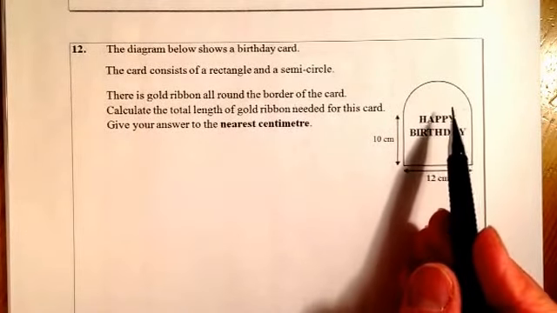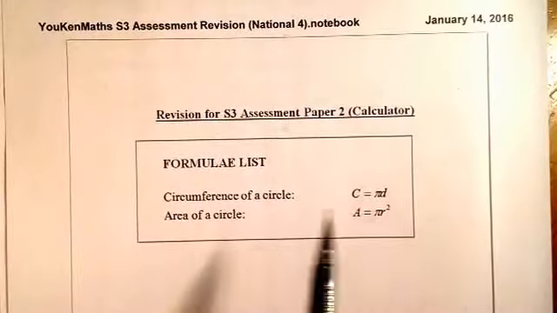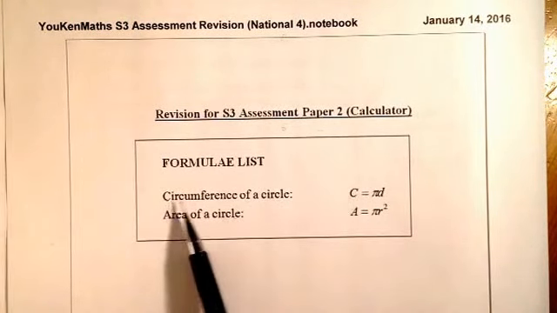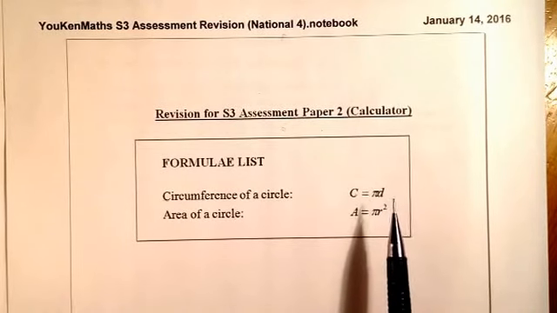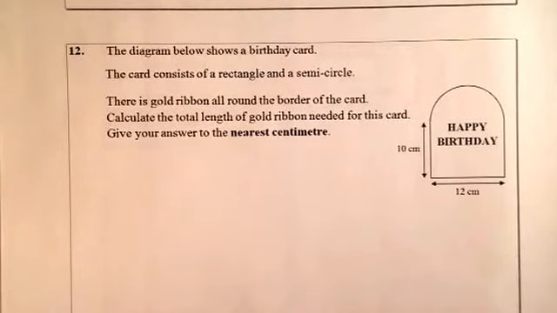Right, so it's a perimeter type question when a circle's involved. I'm going to be using the circumference of a circle formula. So I'm going to bring that back up. I'm going to look at my front page again. Here's the circumference of a circle: C for circumference is equal to pi d, pi times its diameter. Remember, the diameter is all the way across the circle.